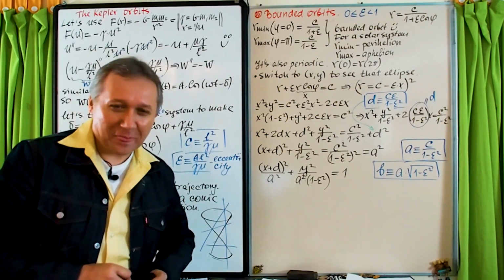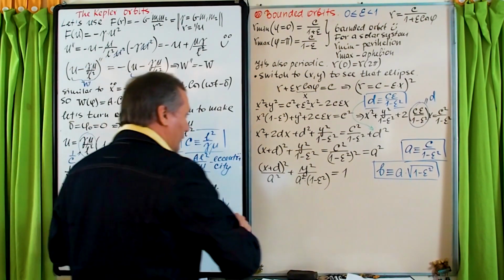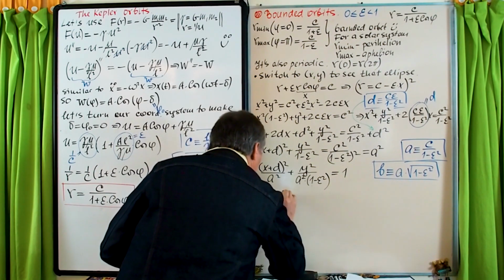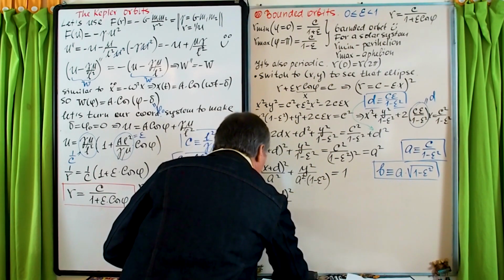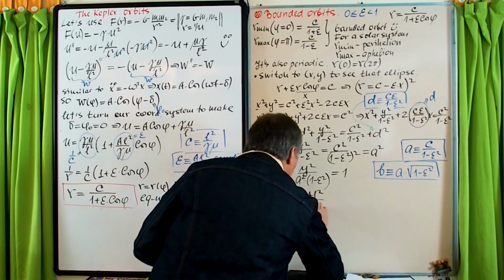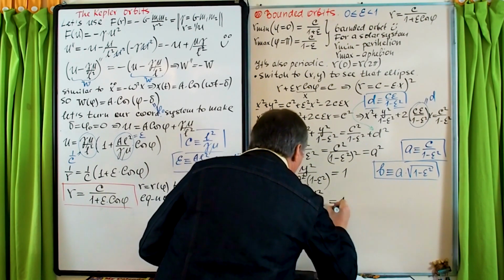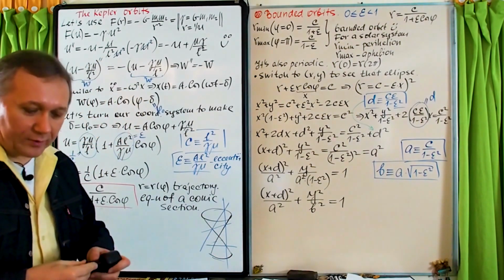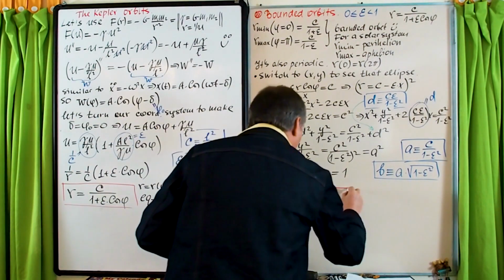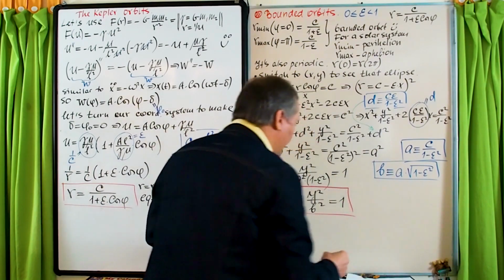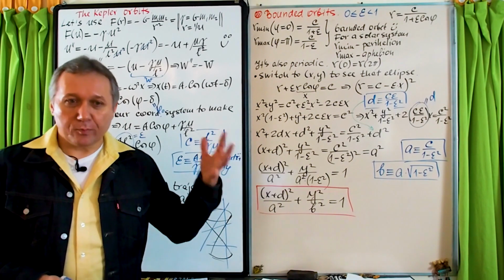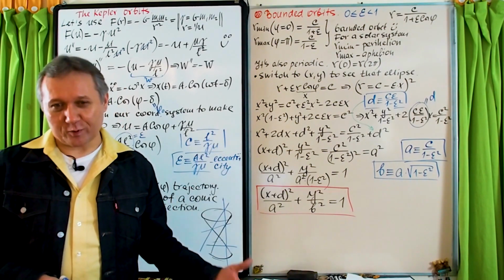It's only 5. And so the final form of the equation: (x plus d) to the power of 2 divided by a squared plus y squared divided by b squared equals 1. All right, so let's frame it, because we got the equation of an ellipse, and effectively we just finished proving Kepler's first law.